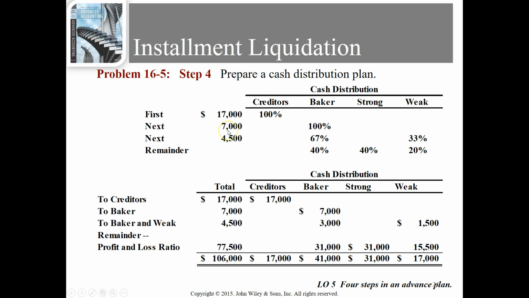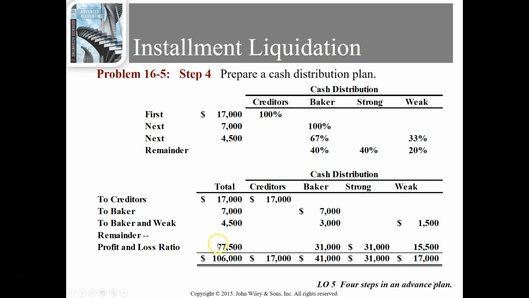The next $7,000 would be going to Baker 100%. The next $4,500 would be going to Baker and Weak, again in the ratios 3,000 to 4,500, 1,500 to 4,500. The remainder would go in the ratios of 40, 40, 20.